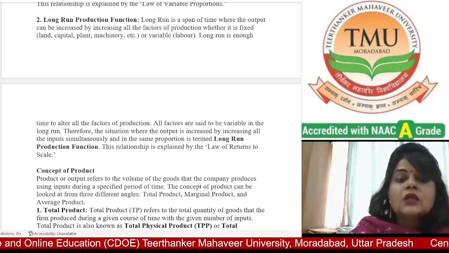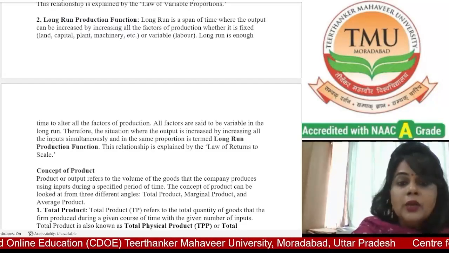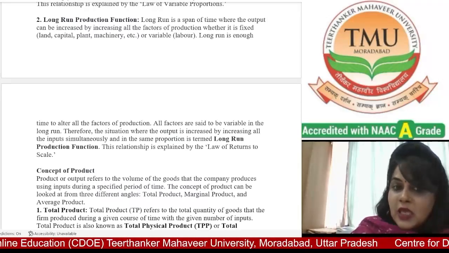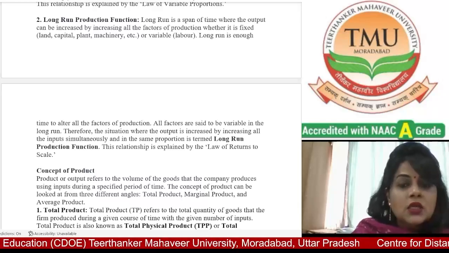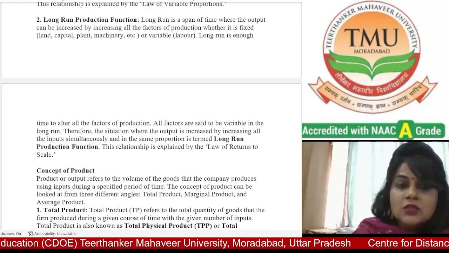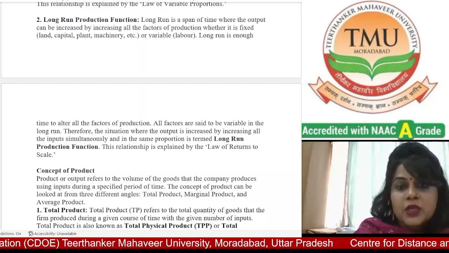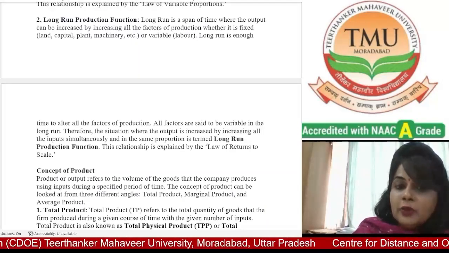the further video. In the long run, it is possible for a firm to change all inputs up or down according to the scale. This is known as returns to scale. The returns to scale are constant when output increases in the same proportion as the increase in the quantities of inputs.